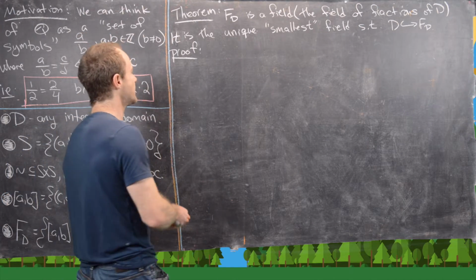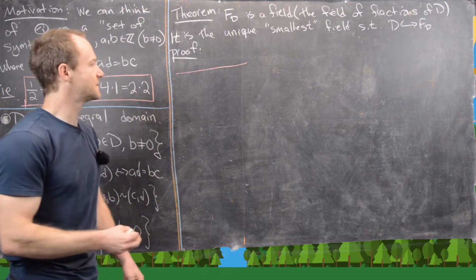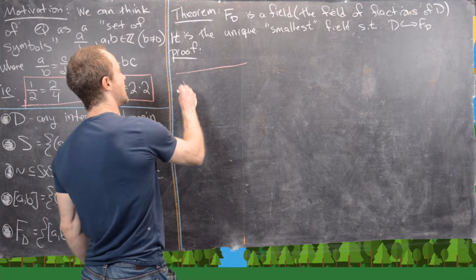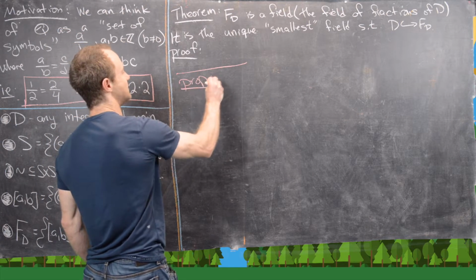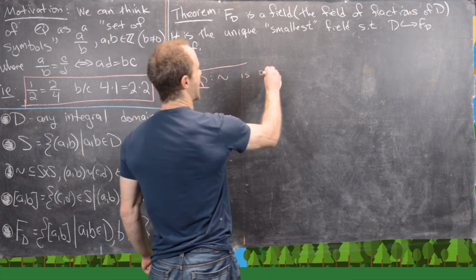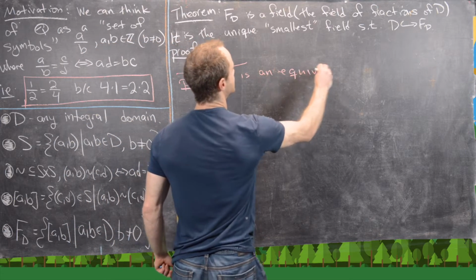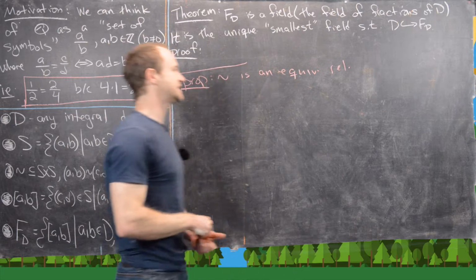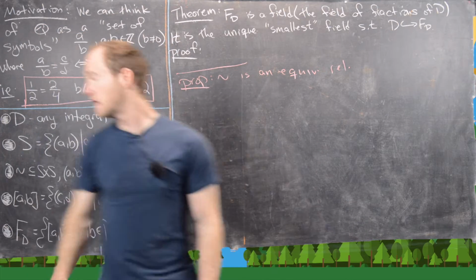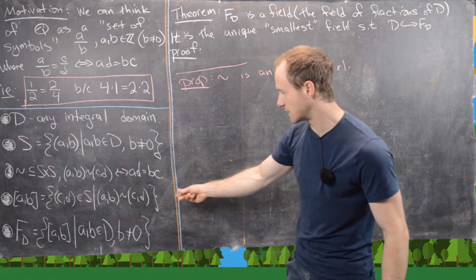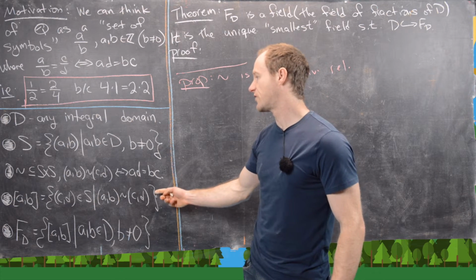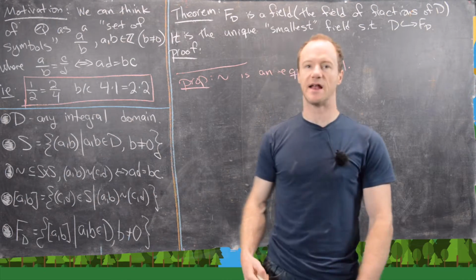Okay, so before we get going with this proof, let's go ahead and prove the following. Proposition: this is an equivalence relation. Notice this is an important thing to prove because otherwise we can't really define this fourth or fifth dot down here.